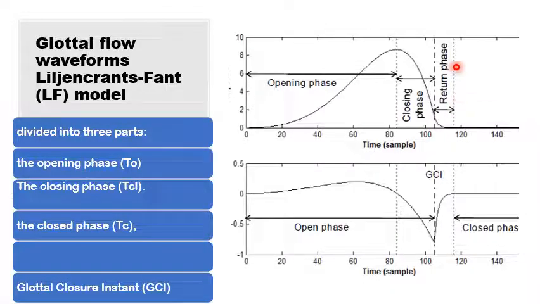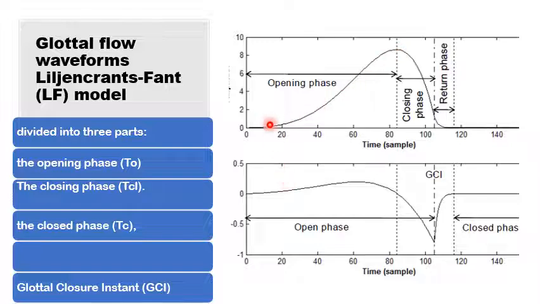A typical cycle would have three phases, starting with the open phase. In the opening phase here, the airflow starts flowing through the glottis. The glottis is open and the airflow is passing here until it reaches a maximum.